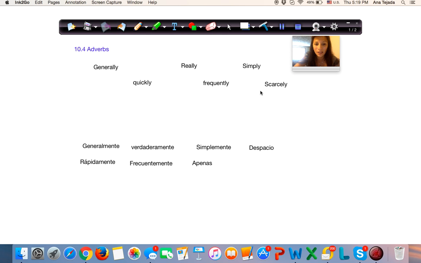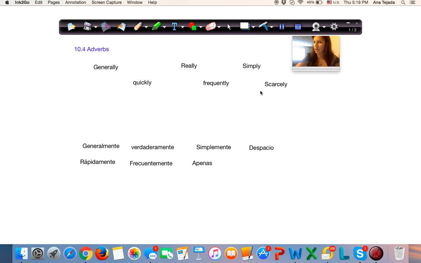Muy bien. Let's look at the next ones, which are in Spanish and are the translations of the previous ones. Generalmente, rápidamente, verdaderamente, frecuentemente, simplemente, apenas, despacio.